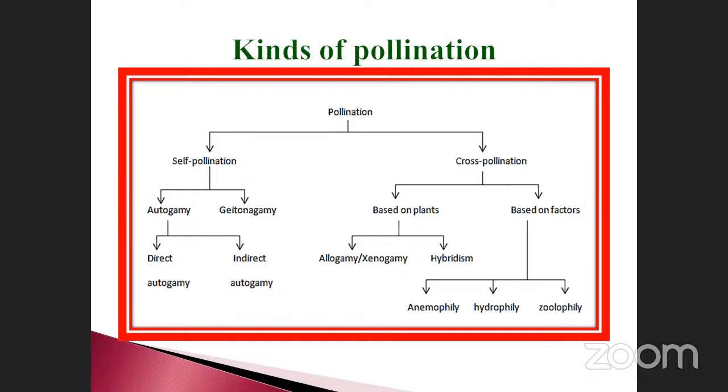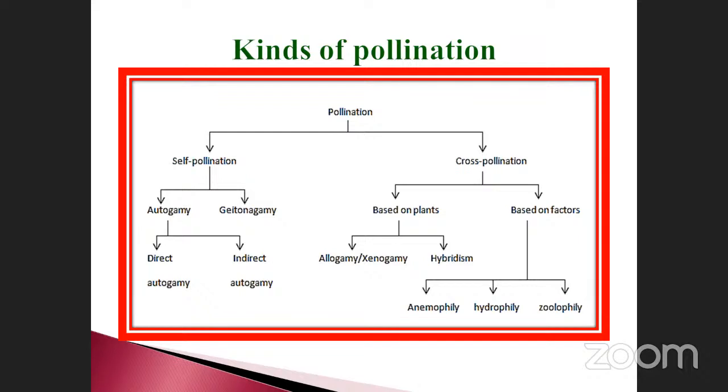Cross-pollination is divided based on the plant and based on the factors. Factors means the abiotic factor and biotic factor. Based on the plant means allogamy, otherwise called xenogamy, and hybridism. Based on the factors, there are two factors.